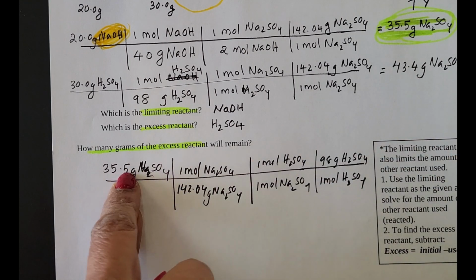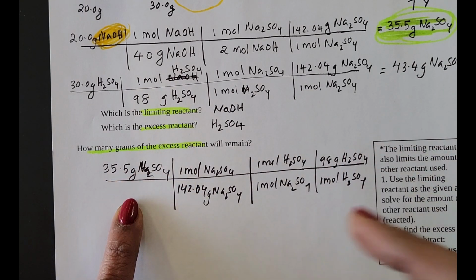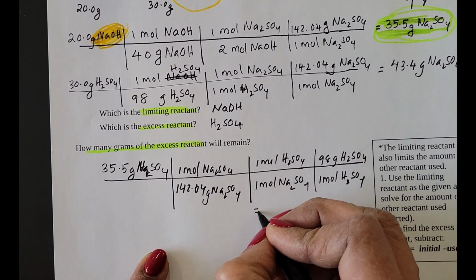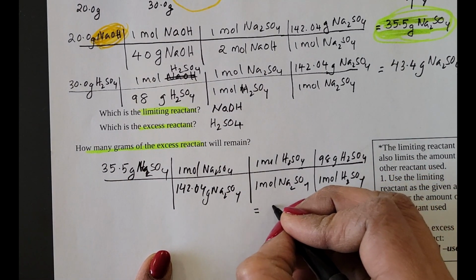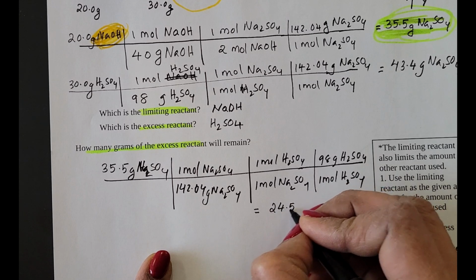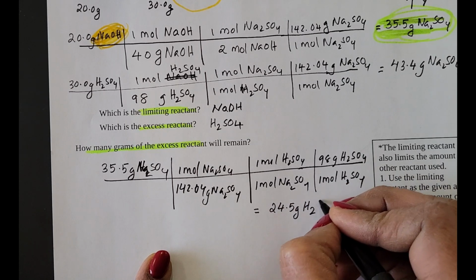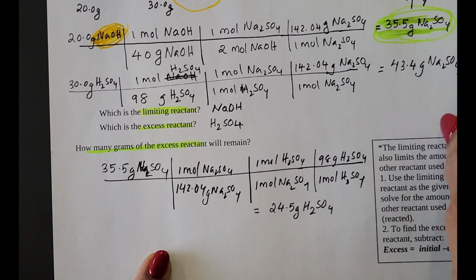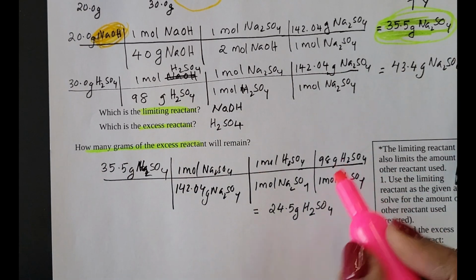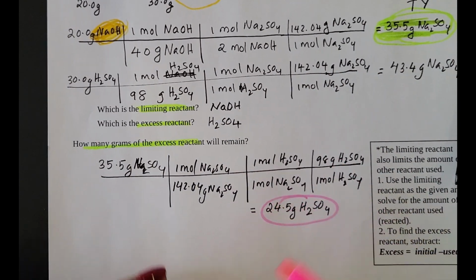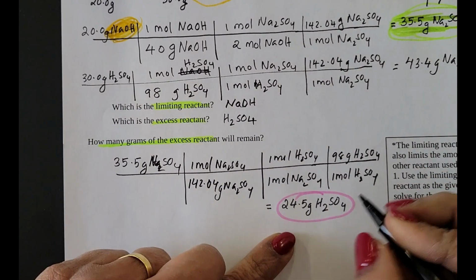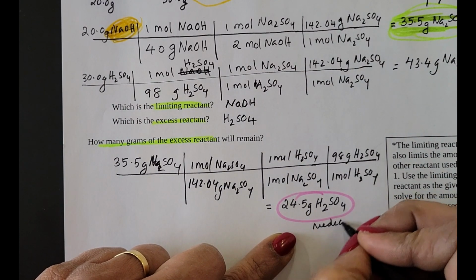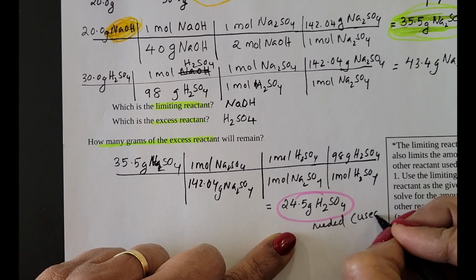Or you can start from the limiting reactant, do the same strategy, and you will get the answer, which is 24.5 gram of sulfuric acid is needed. So this is the amount actually needed for producing it, or the amount actually used.